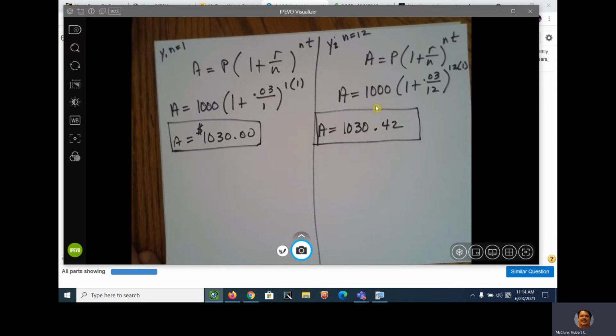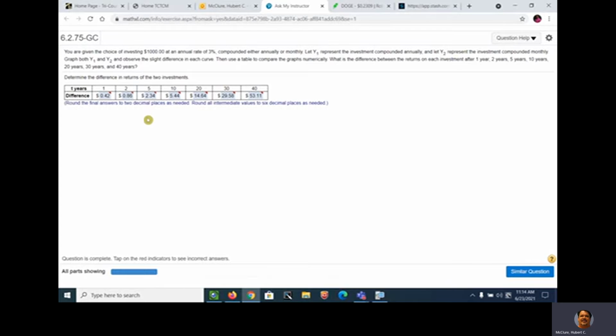Now, they want you to graph this and graph this. It says you are given the choice of investing, then use a table to compare the graphs numerically.